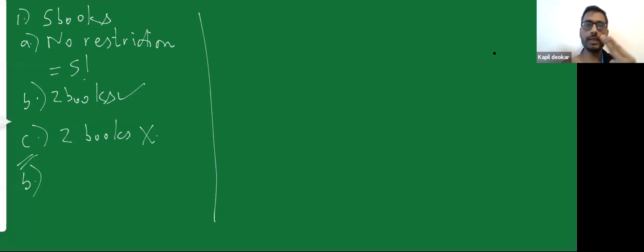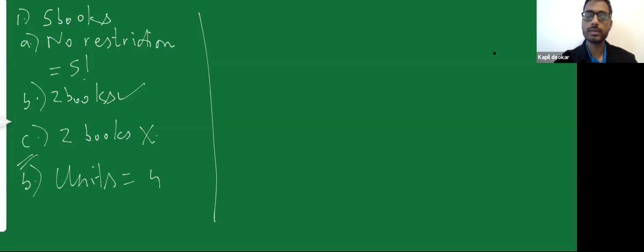We tied them up together, consider them as one unit X. So if I want two books to be together, I'm going to tie those two books and consider them as one unit. So how many units will I have? So those two books will be one unit. So number of units that I'm going to have would be 4. The remaining 3 books, and these 2 books considered as 1 unit. So there will be 4 units.